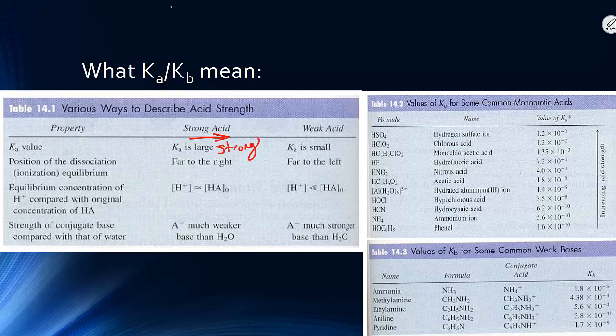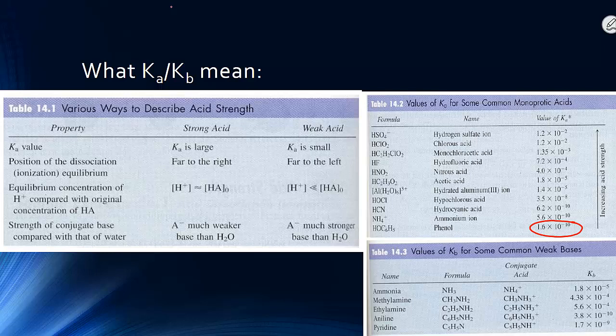If Ka is low, very small, that means you favor reactants, meaning that most of the time they stay together. So that would be an example of a weak acid or base. And again, we can use these to discuss whether an acid makes lots of hydrogen ions or very few. So a Ka that is very small makes very few hydrogen ions.